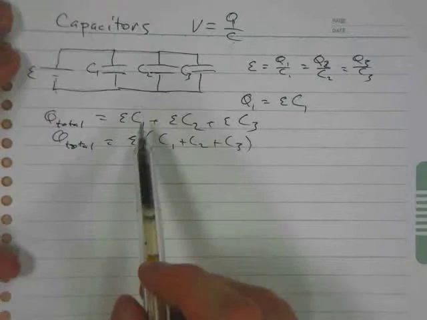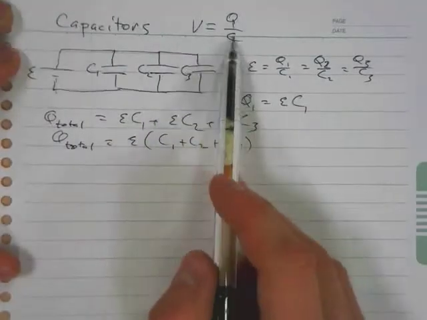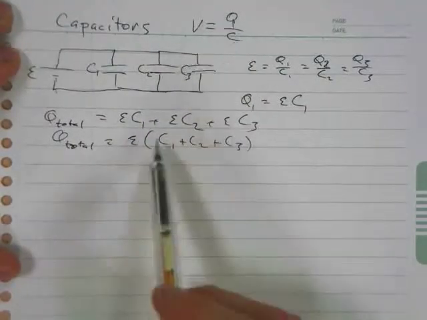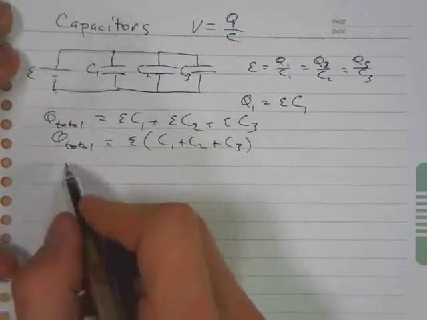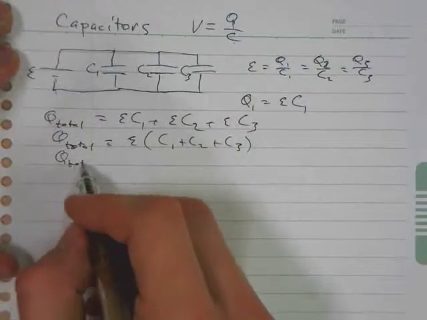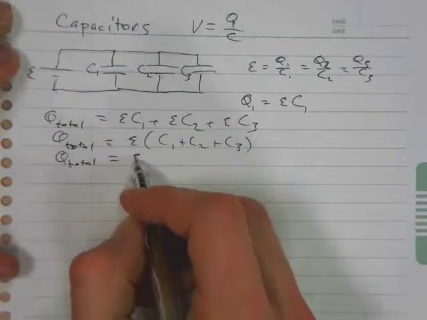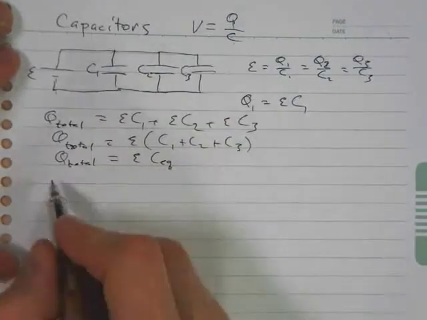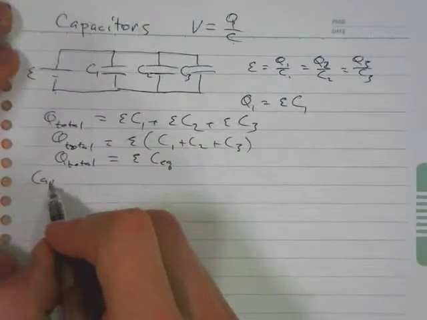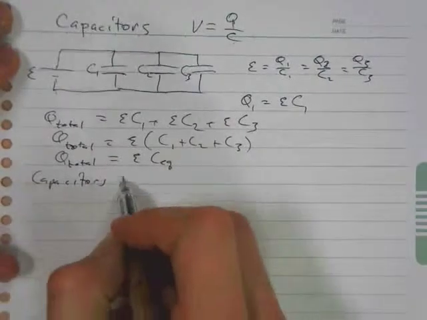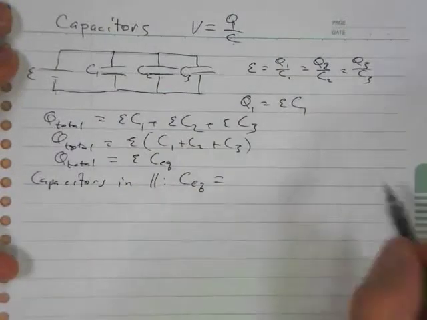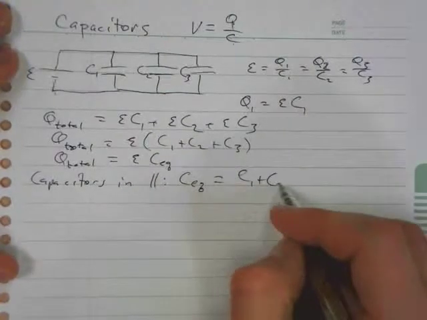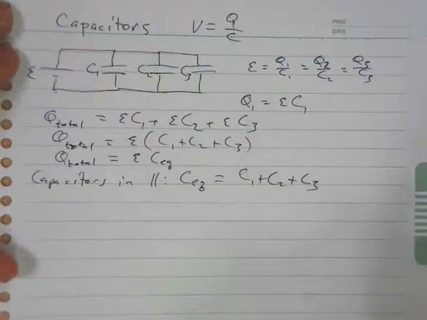If we look at this, V equals Q over C, so V times C is Q. This is true. If we look at an equivalent capacitor, then we can say that our total Q is equal to the EMF times the equivalent capacitance. So for capacitors in parallel, the equivalent capacitance is just the sum of the three capacitances.